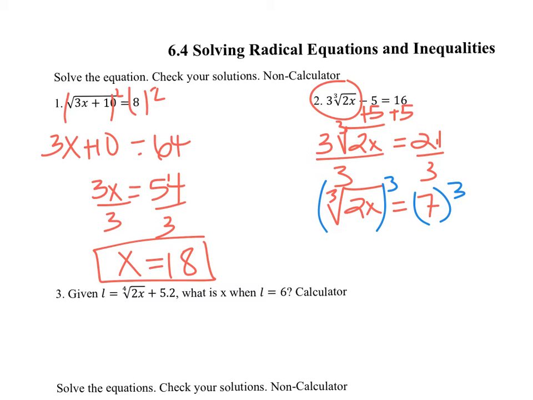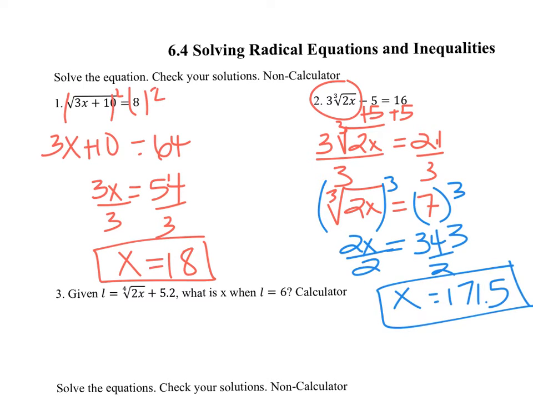So now the cube root's completely gone. I'm left with 2x equals 343, which when I divide that by 2, I get 171.5.